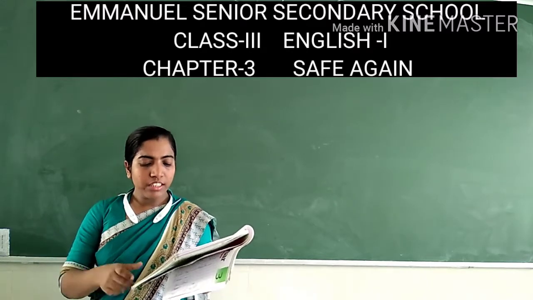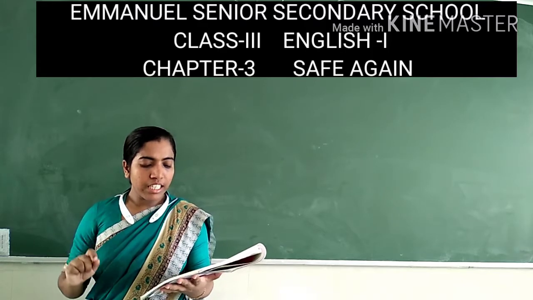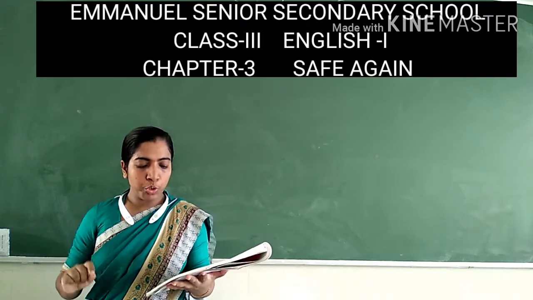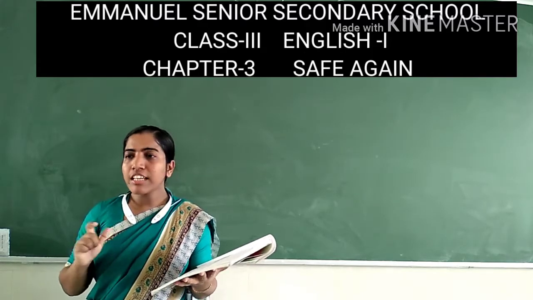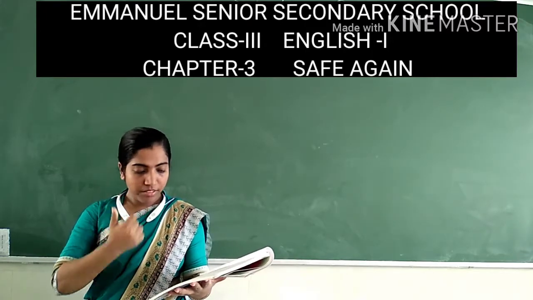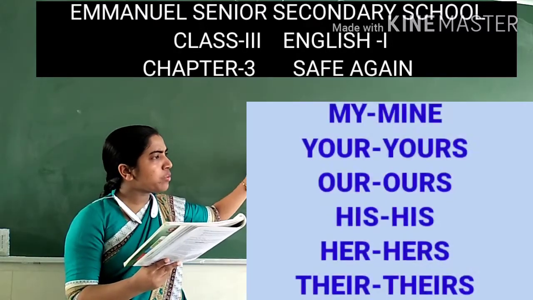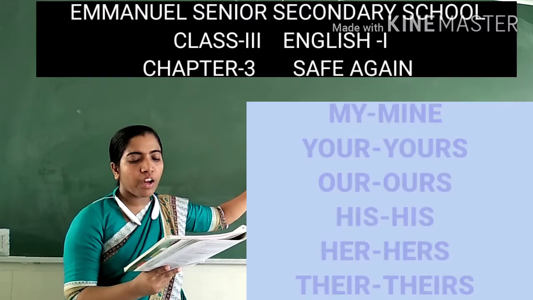So based on that, the exercise is given there. Complete the sentences with his, hers, ours, theirs, yours, mine. So these are the possessive pronouns, and using this you have to complete the exercise. So for my is the pronoun, then mine is the possessive pronoun.